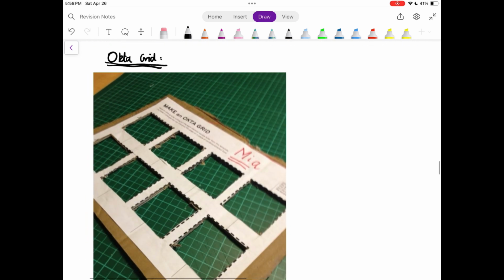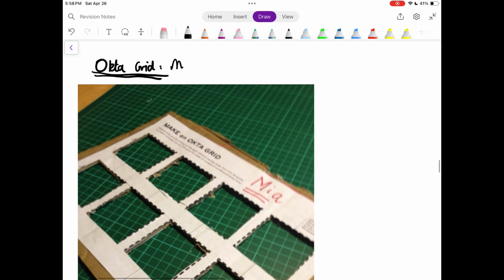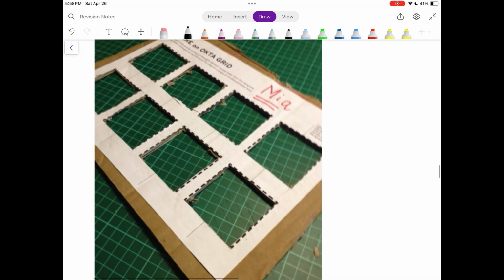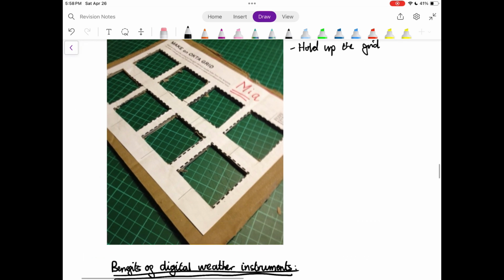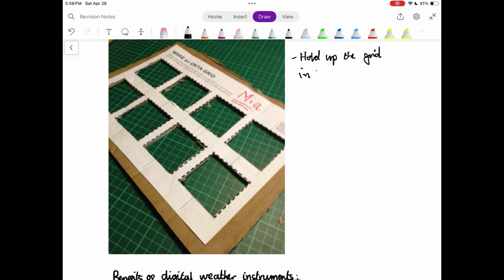Next we'll be looking at an octagrid, and this measures cloud cover. And basically what happens is that you hold up the grid in the sky, and then you count the number of squares occupied.